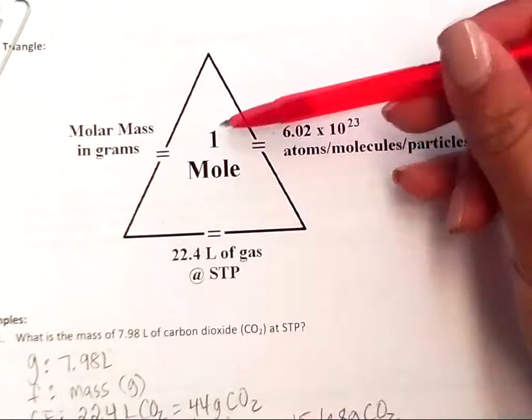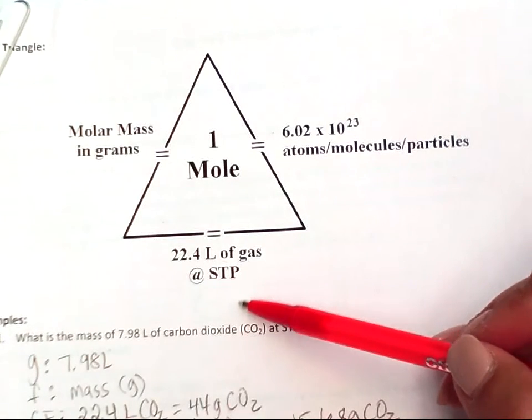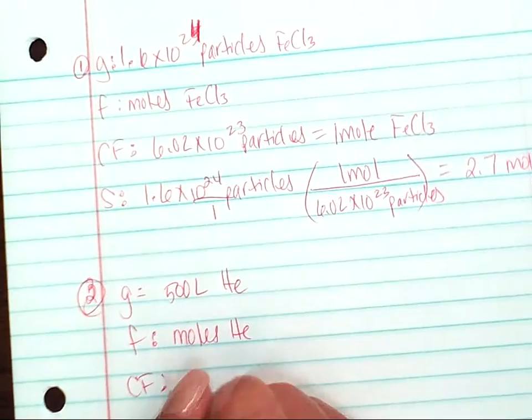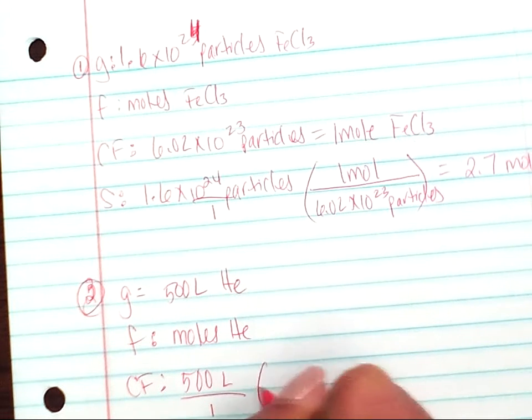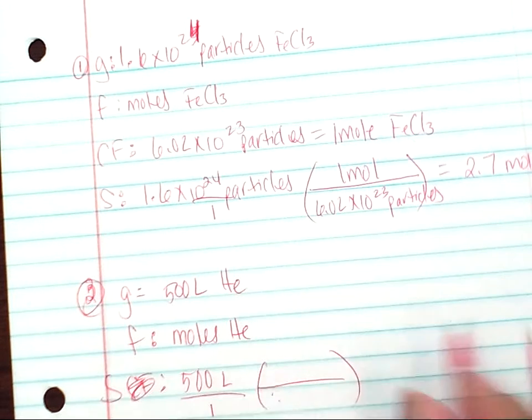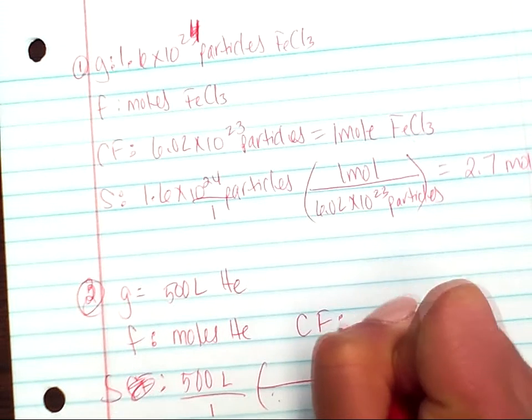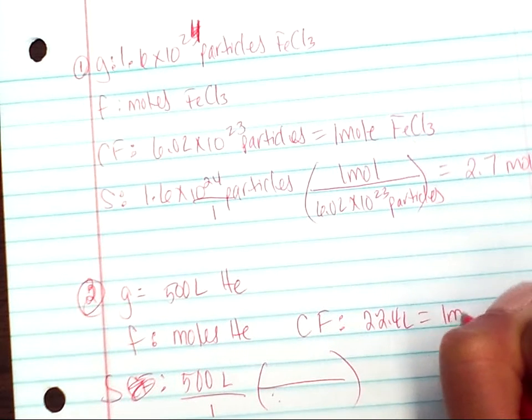You look at it, for every 1 mole, it's 22.4 liters of that gas. Okay? So, we can plug it in. Okay? How many liters goes on the bottom? 22.4. Oh, I actually started the solution here. Sorry. Okay, so the conversion factor was 22.4 liters is equal to 1 mole.